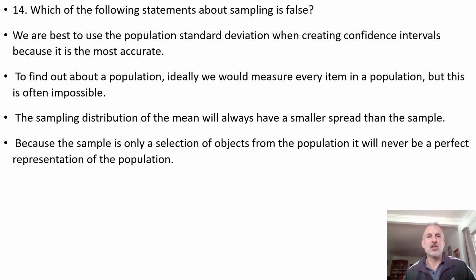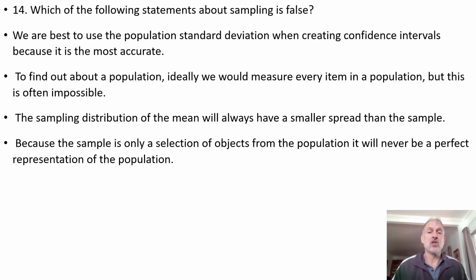Which of the following statements about sampling is false? We are best to use the population standard deviation when creating confidence intervals because it is most accurate. To find out about a population, ideally, we would measure every item in a population, but this is often impossible.